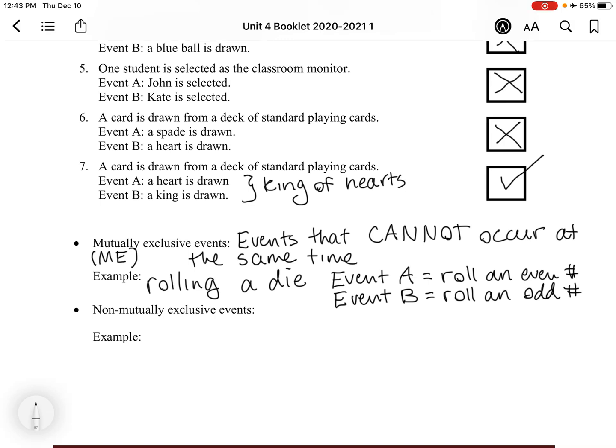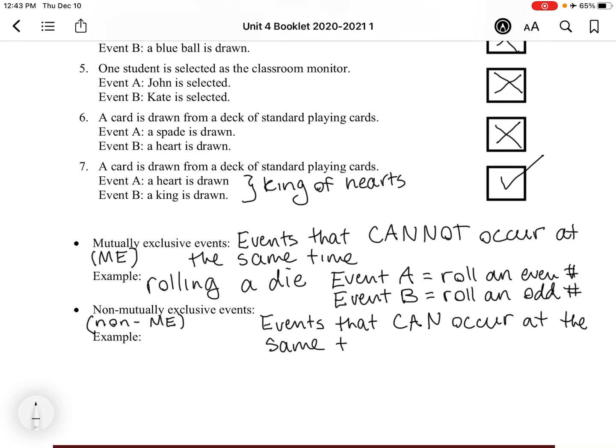Okay, on the other hand, non-mutually exclusive events, and I'll abbreviate this as non-ME, are events that can occur at the same time. Okay, so let's say, for example, we're rolling a die.